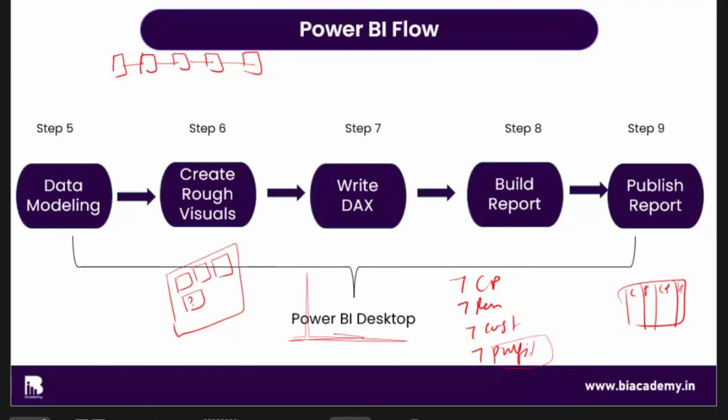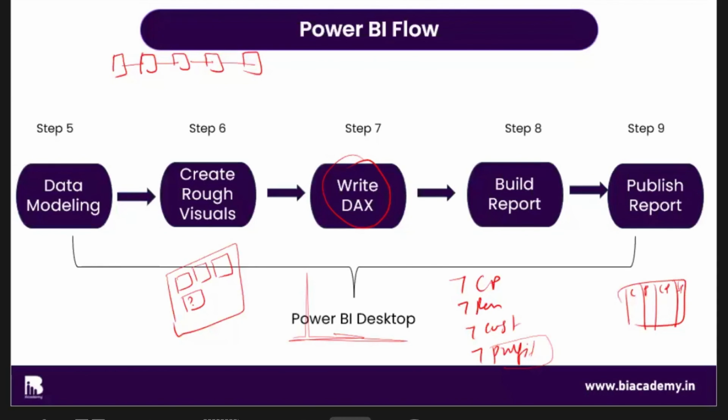So when you create a rough visual, you will understand when to write a DAX function. Maximum people are very scared of DAX. Why? Because they don't understand when to write DAX. Here, indirectly, the rough visual is telling you, okay, this thing is not achievable normally, because there is no data, and because there is no data, I can't create this.